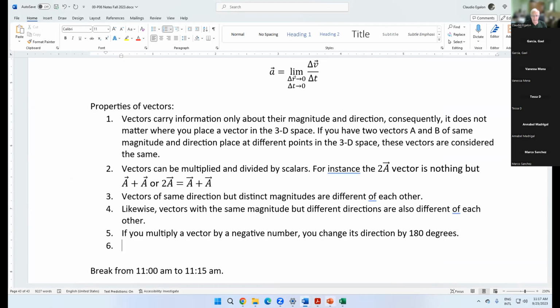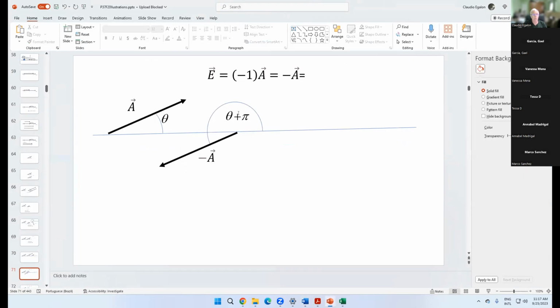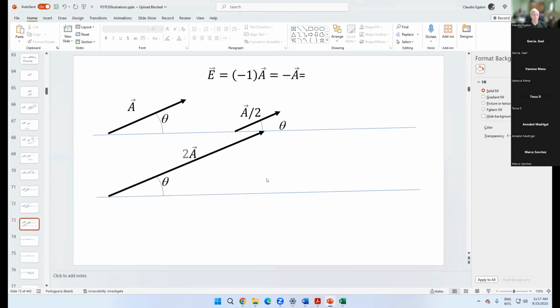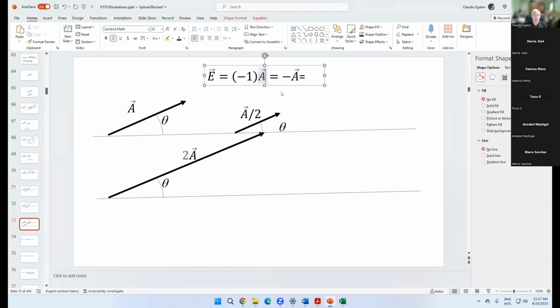That's what that illustration is all about. Pi plus theta. You have theta here, you have pi plus theta. Okay, here you go. The vector multiplied by a positive number and divided by a positive number. Half the length, twice the length.